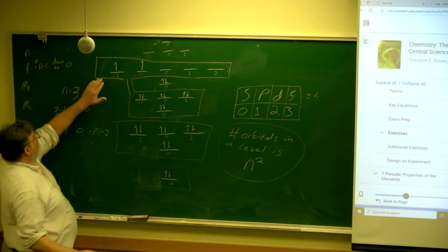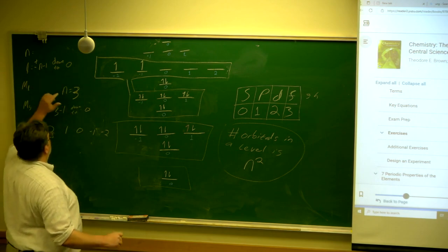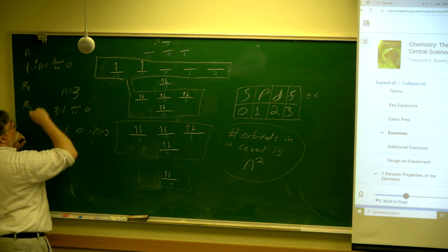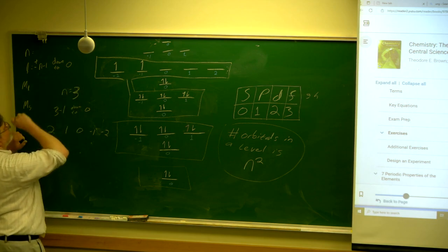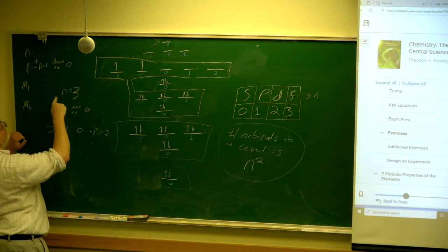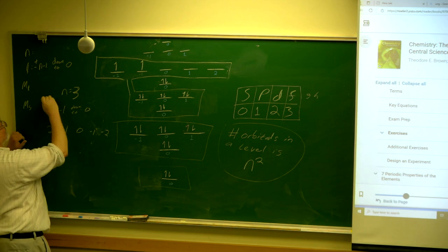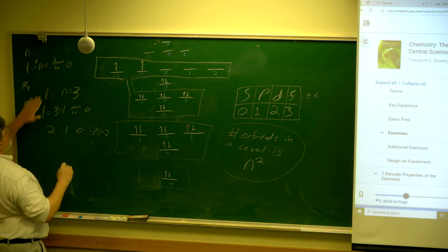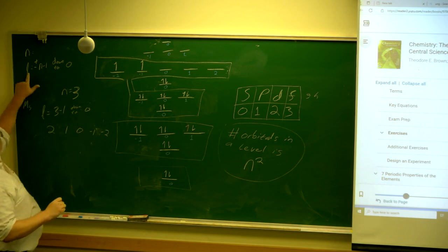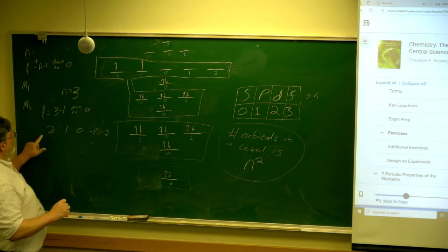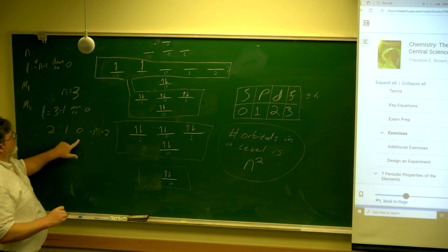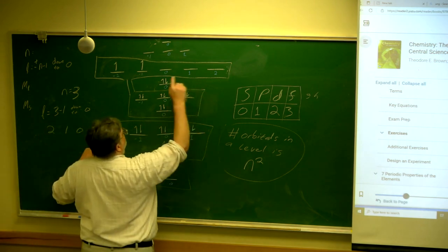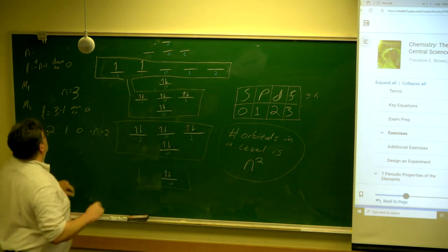When n equals 3, then L values are 2, 1, 0, negative 1, negative 2.